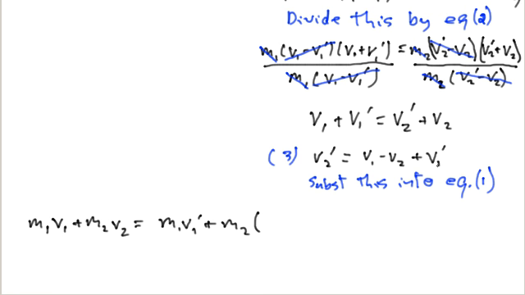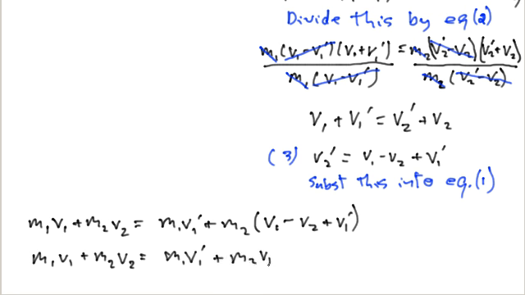It was V2 prime, and I'm substituting this in for it: V1 minus V2 plus V1 prime. And I'll multiply through by the M2. Minus M2 V2 and then plus M2 V1 prime.